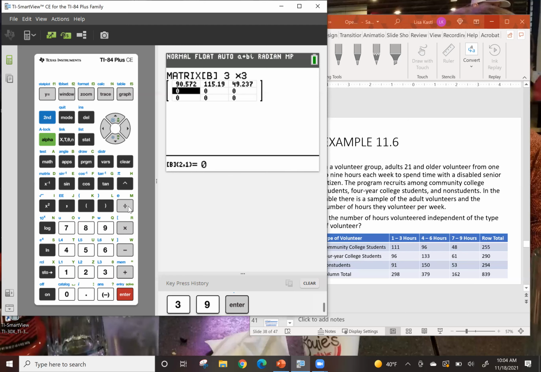We have 290 times 298 divided by 839, 103. Then in the next category, the row total is 290. The column total is 379. We're going to divide that by the total, 839.